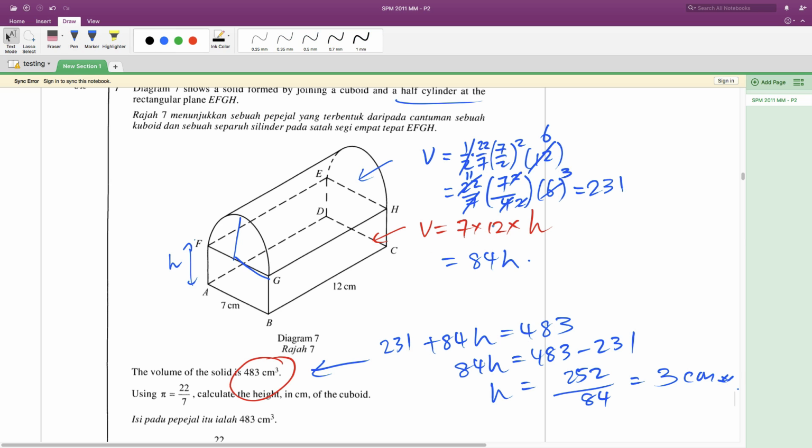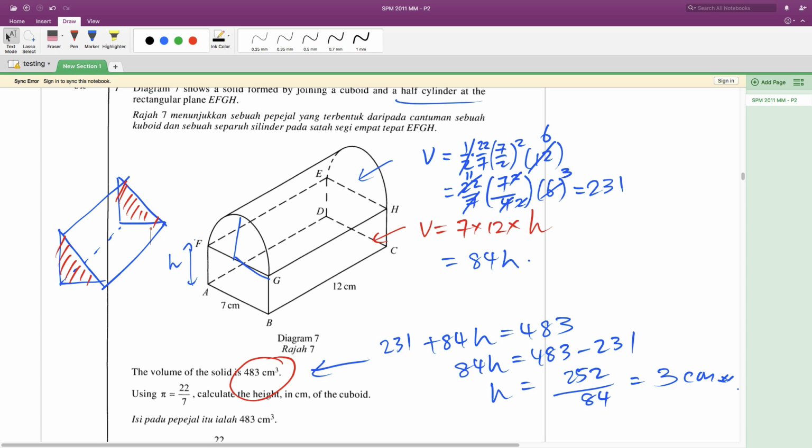Is there anything you want to ask? So what is the meaning of the cross-section area? Okay, cross-section area means both areas must be the same. So for example, if I have something like this, this one we will call a prism, and the cross-section area means the triangle here and the triangle here need to be exactly the same.